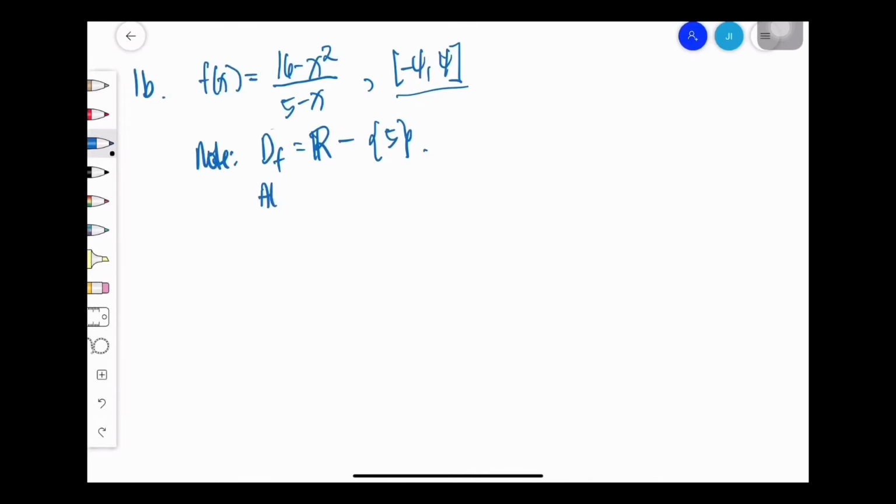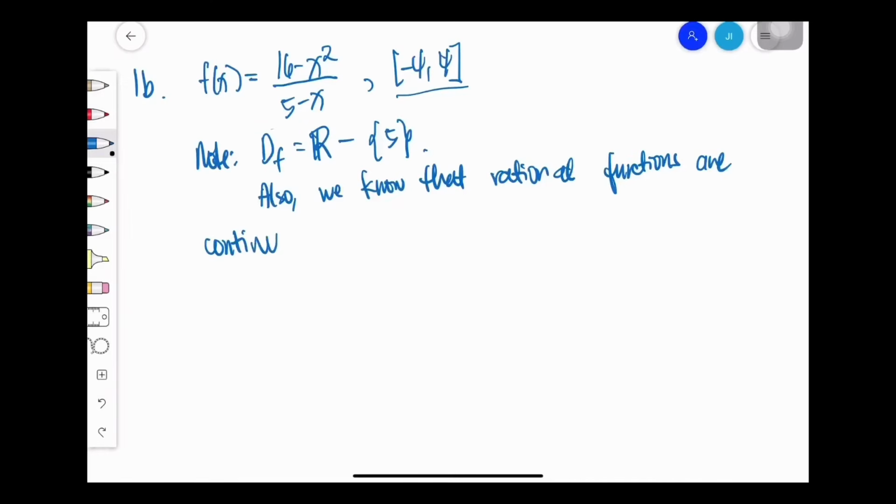Also, we know that rational functions are continuous and differentiable on their respective domains.